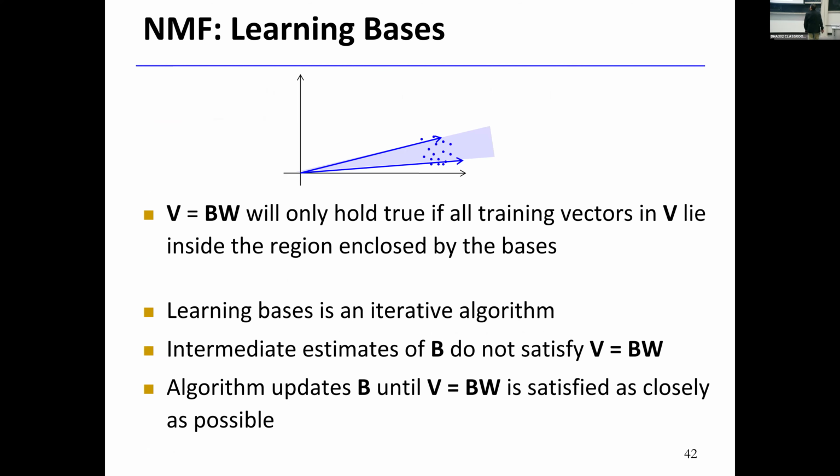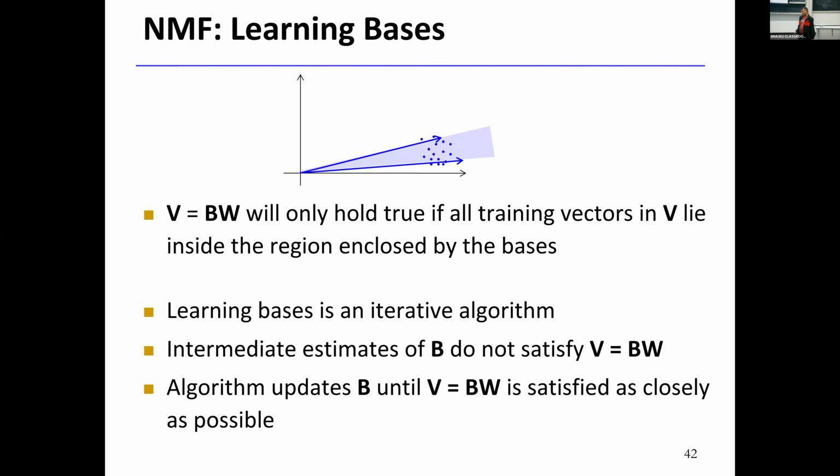So now this only holds true if all the training vectors lie within the region enclosed by the bases. But the way we will do it, we're going to use, like as always, an iterative algorithm. It doesn't have a closed form, because once you impose non-negativity, then these are constraints, and constraint optimization requires Lagrangians and stuff like that, if you will remember, right?